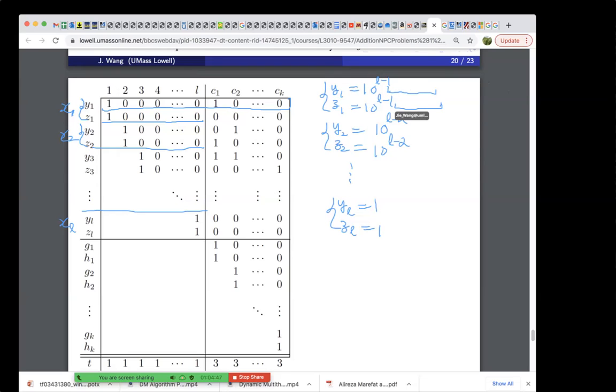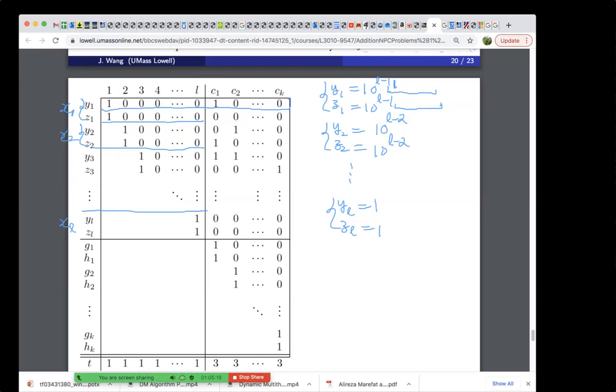And now we have to make the connection to the clauses. So if x1 appears in C1, then I'm going to put 1 in here. And because x1 is in C1, then x1 bar cannot be in C1, right?